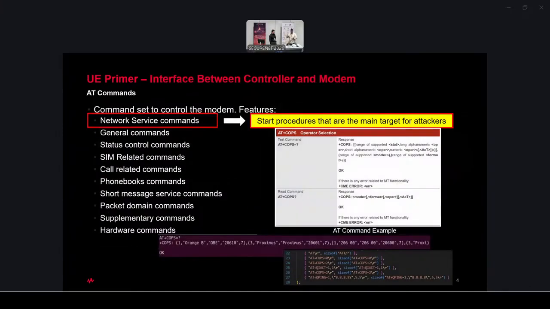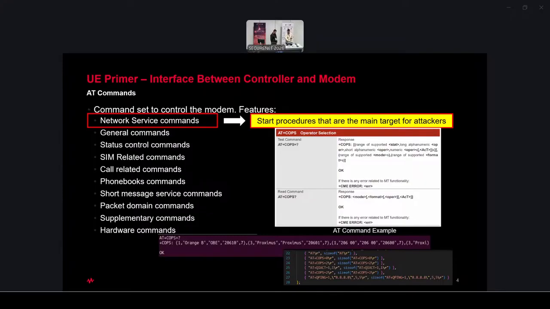For instance, this is an example of the commands that the modem controller sends to the modem, called AT commands. Most of you know them. This one is to get the networks or the cells that are around the mobile phone or the modem. You can connect to the network. You can request some other cells.